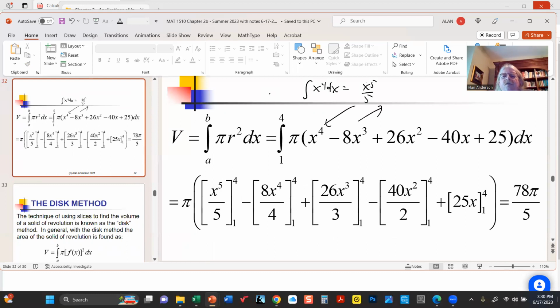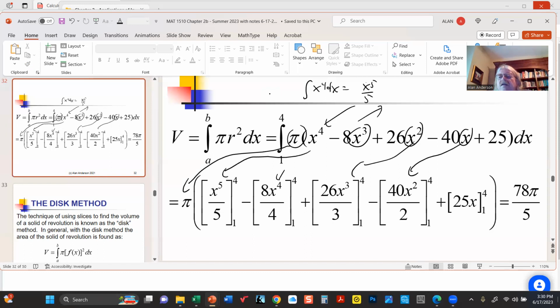Actually, we don't need to do them all separately, but you get x to the fifth over 5 down here, evaluated from 1 to 4. Notice how I moved the pi outside, by the way. Now x cubed will become x to the fourth over 4, which you see here. x squared becomes x cubed over 3. x becomes x squared over 2, and then here we simply have dx, that becomes x.